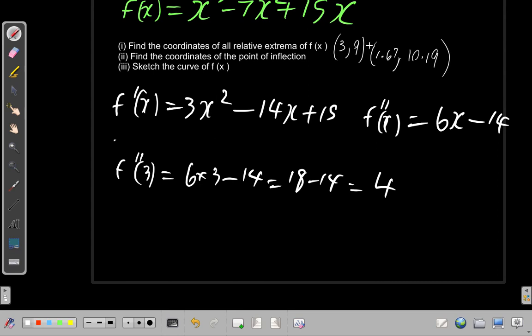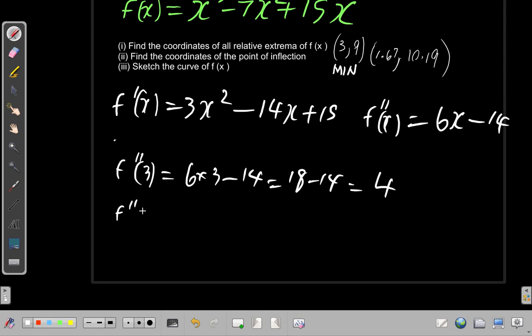So at x equals 3 we have a positive value, so there will be a minimum point here. So it's a minimum point, and this other one you expect to be a maximum, but we can just do the calculation.